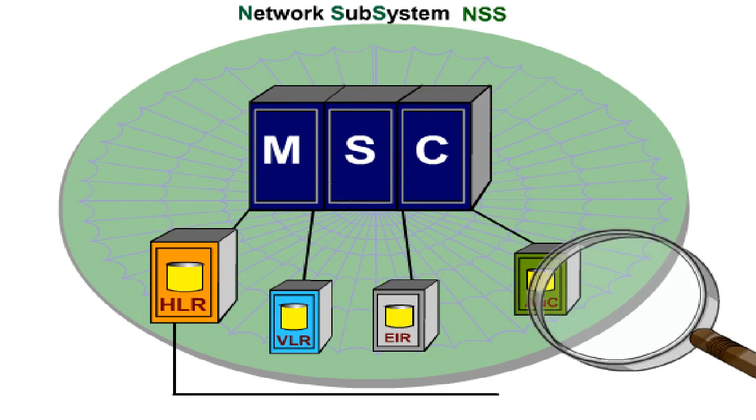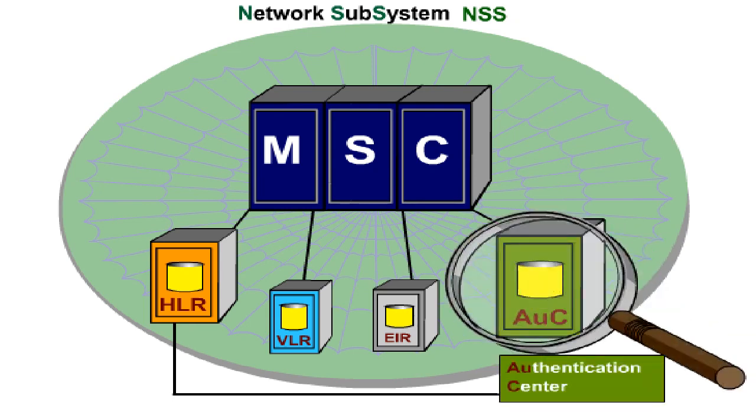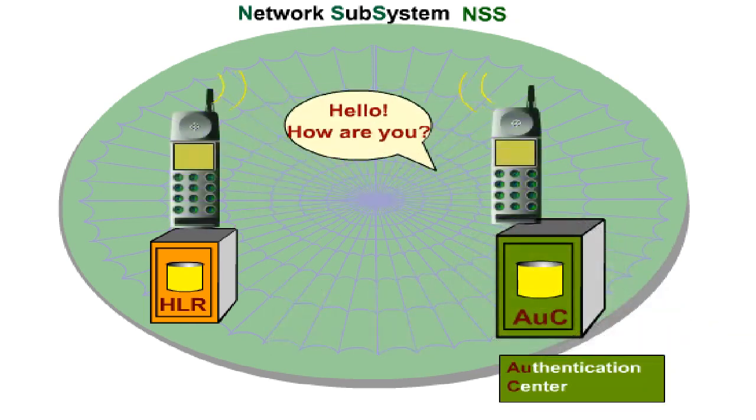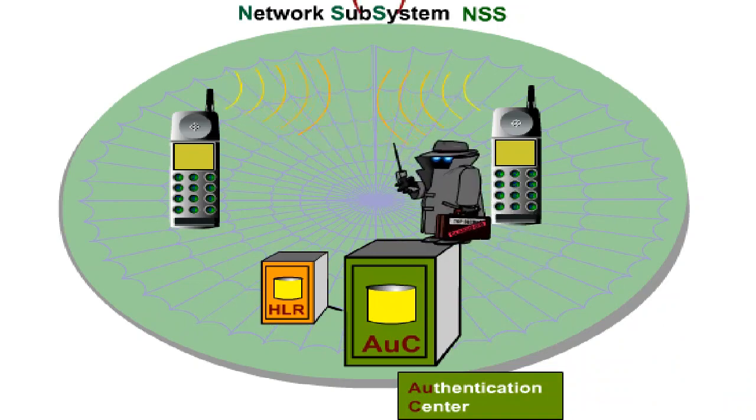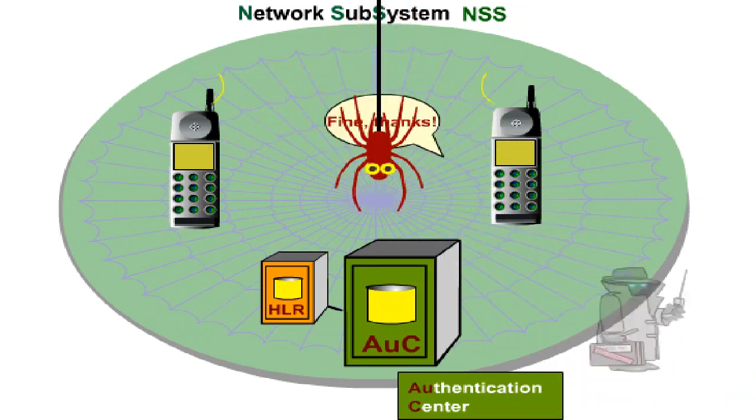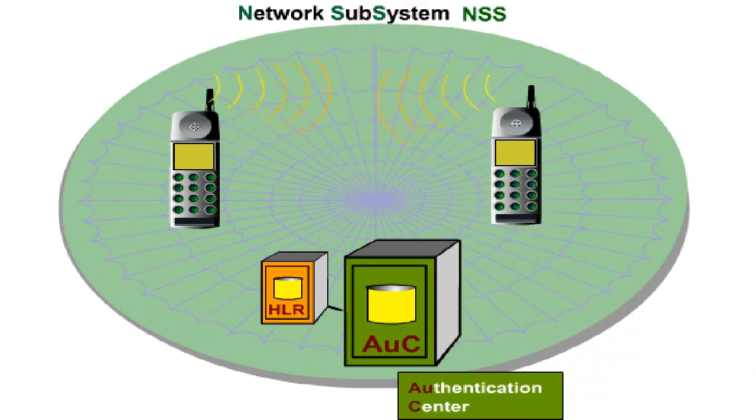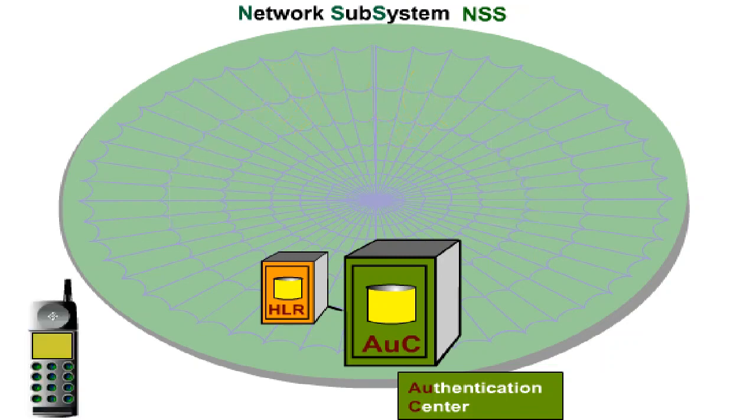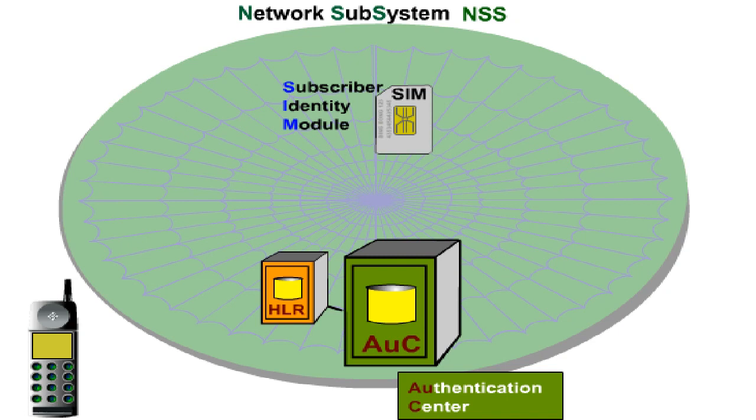The Authentication Center, AUC, contains the customer data necessary to protect connections against unauthorized access, and is mostly integral to the HLR. The AUC checks the information stored in the subscriber identity module, that is, the SIM card, for correspondence with its own register.